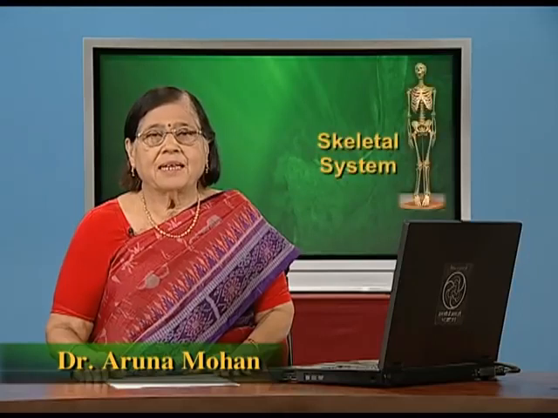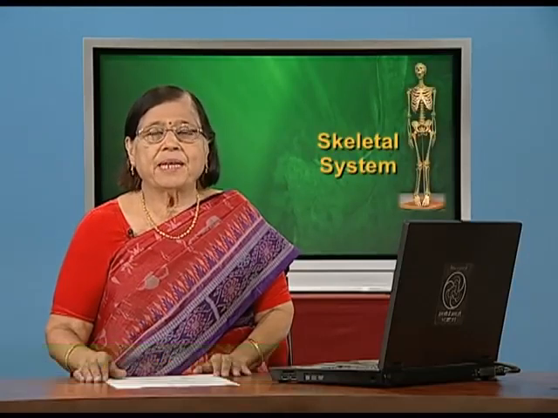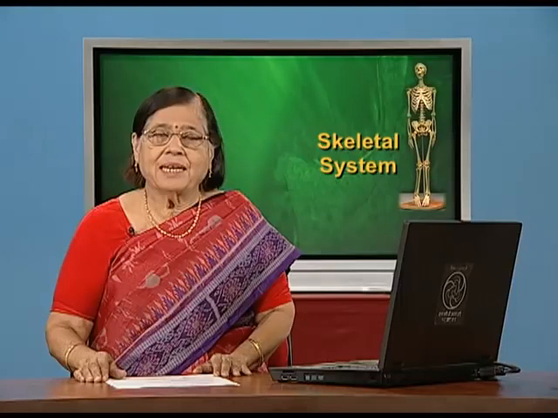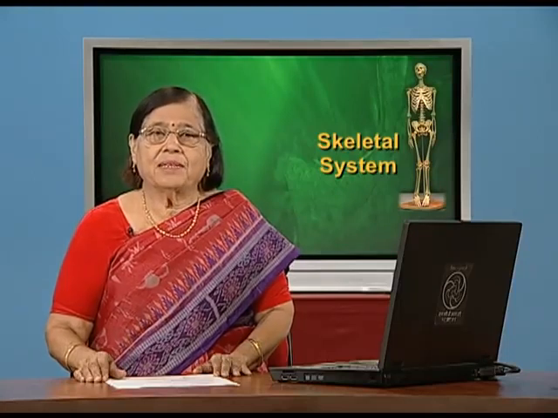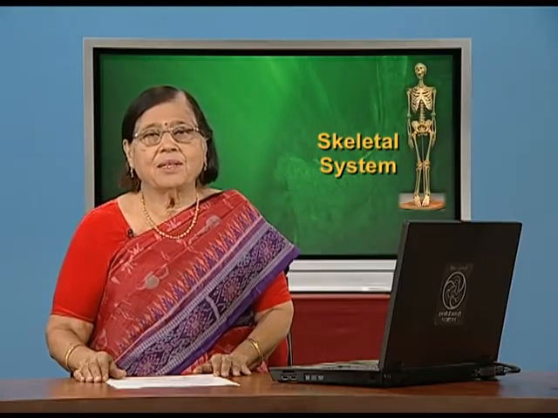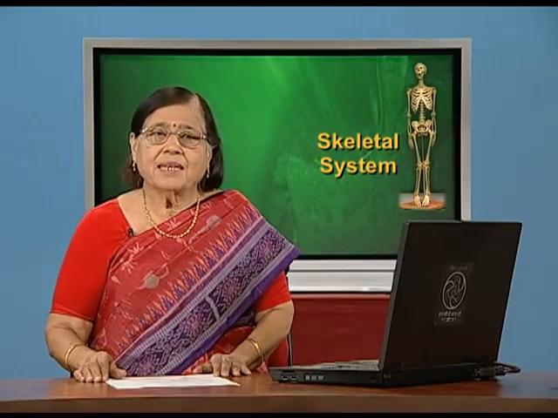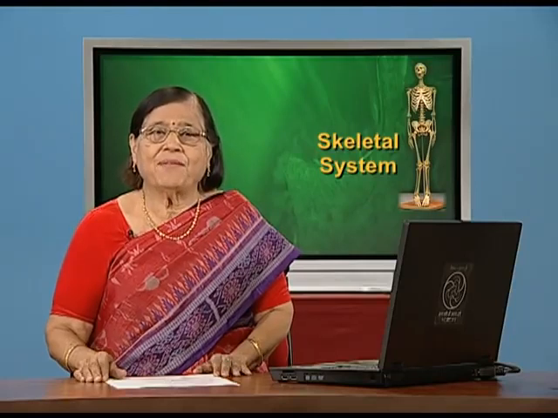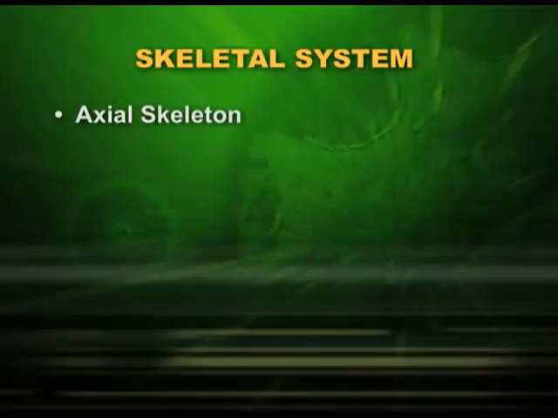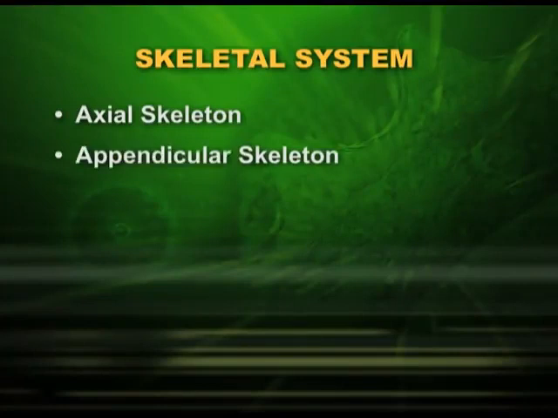Dear students, in previous sessions we discussed the skeleton in relation to movement and locomotion. We understood that along with bones, the muscles and the nervous system are also important, and we discussed in detail the 206 bones which we have in our body, the axial skeleton and also the appendicular skeleton.